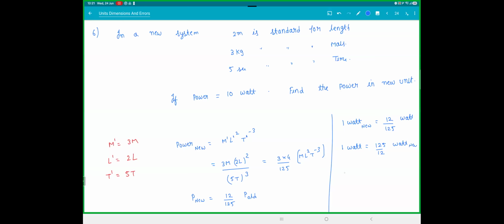So now your power is what? 10 watts. Replace this 10 into 125 by 12. How much is this? 625 by 6 watt dash. Clear with this?